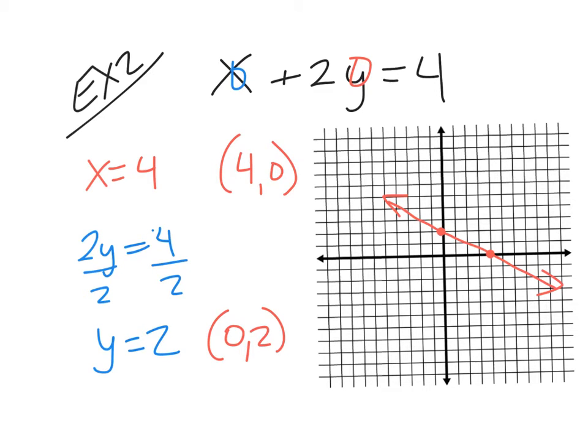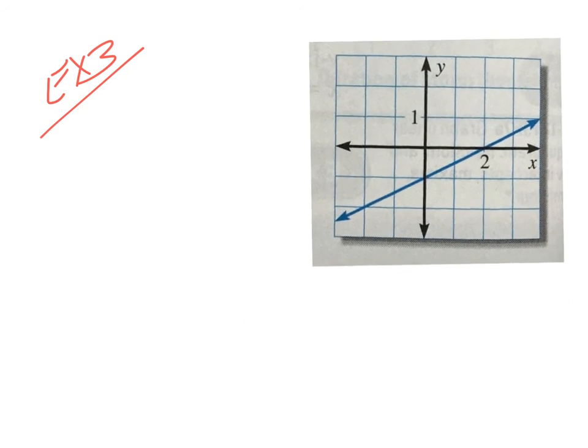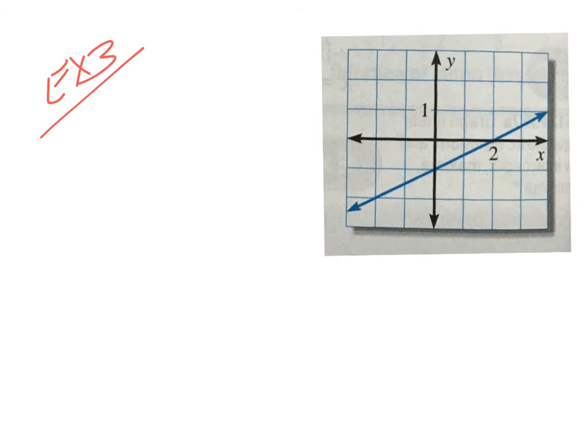All right, let's look at example 3. Says use the graph to find the intercepts. All right, so looking at this graph, can you tell me right away which is the x-intercept? 2.